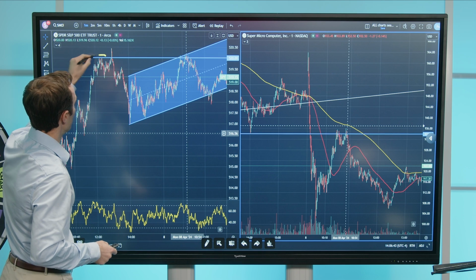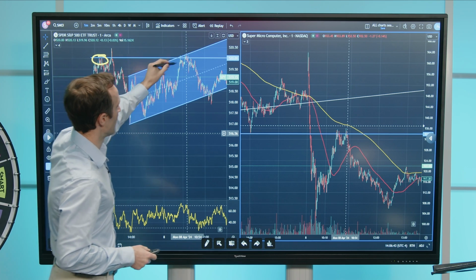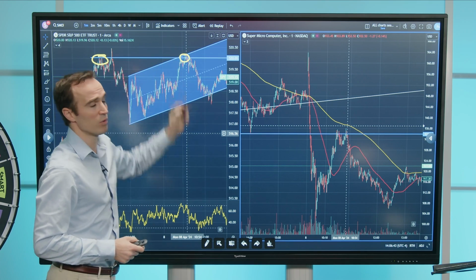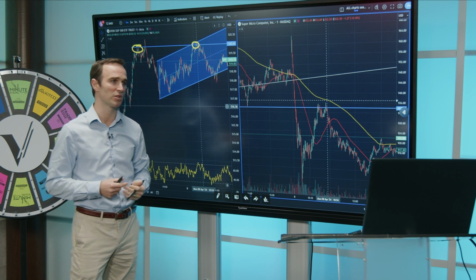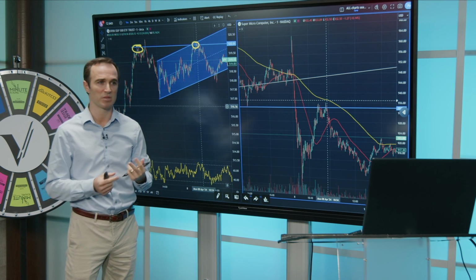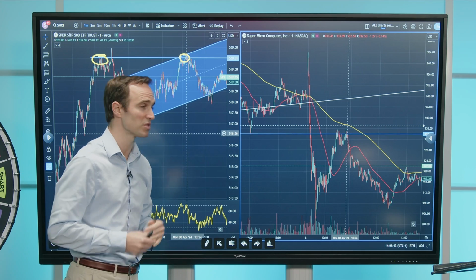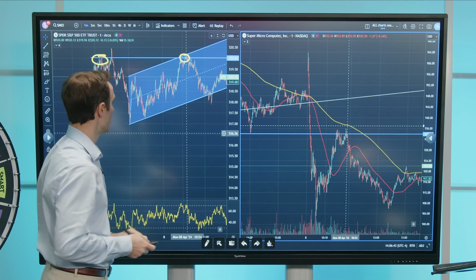You've got this resistance line right here which the price came up into, and you also have what's called a parallel channel. We'll have another episode on chart patterns where I'll talk about double tops, double bottoms, parallels, head and shoulders, inverse heads and shoulders, things like that. But take my word for it, this is a parallel channel.